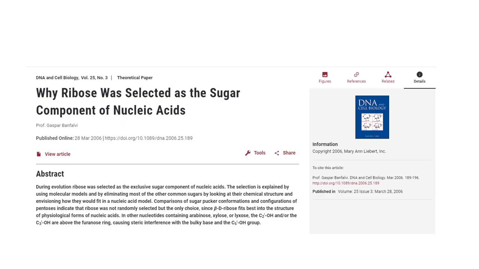Number two, the required spacing of 25 angstroms to allow one double cyclic nucleic acid and one single cyclic nucleic acid, such as adenine and thymine, to hook together, that spacing requires ribose.